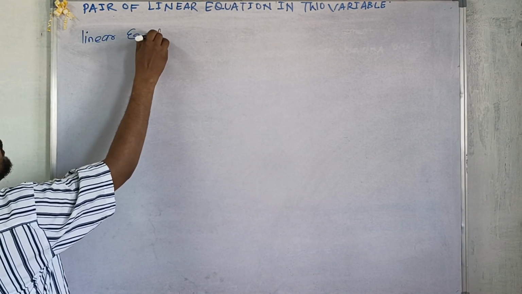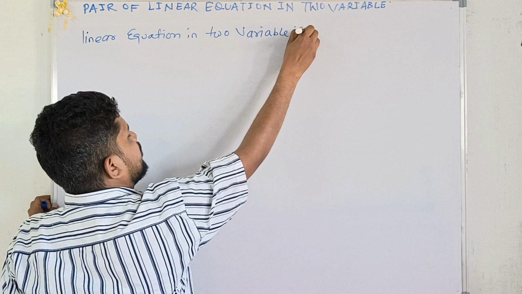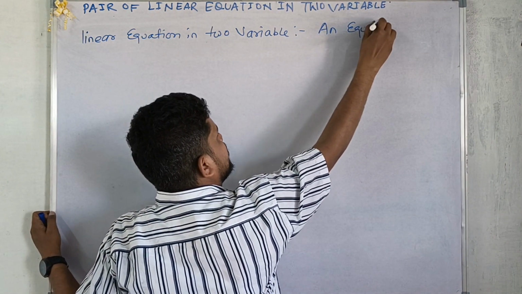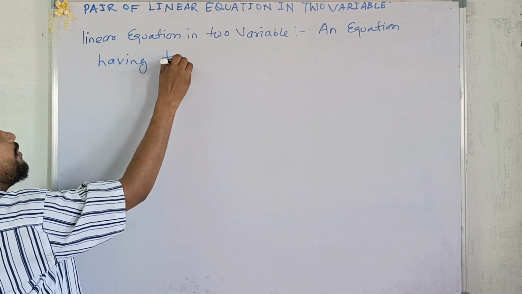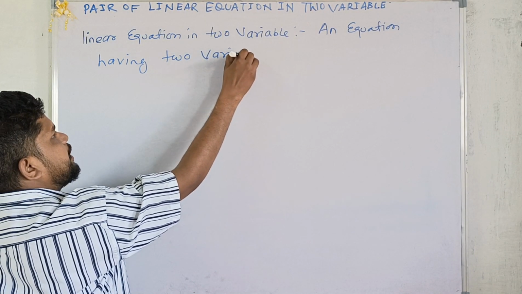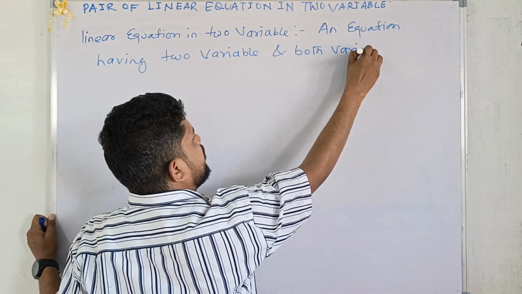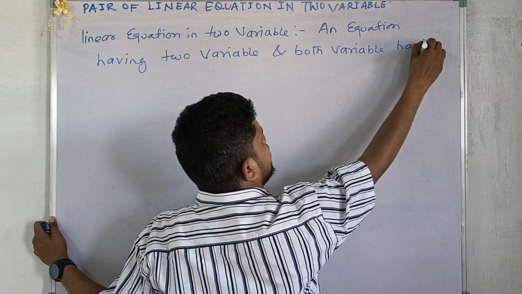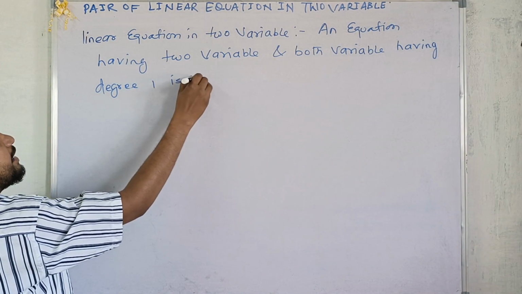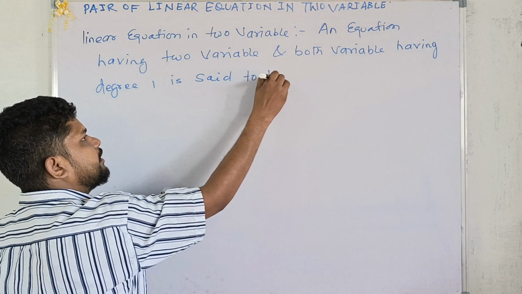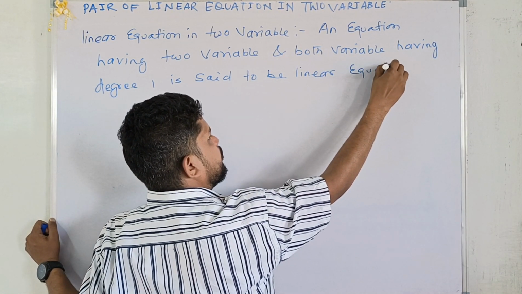An equation having two variables and both variables having degree 1 is said to be a linear equation in two variables.